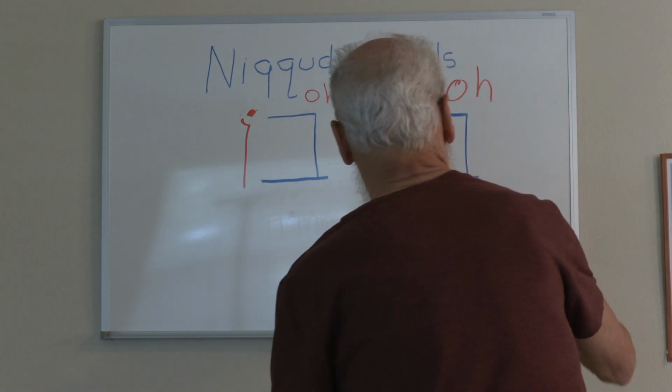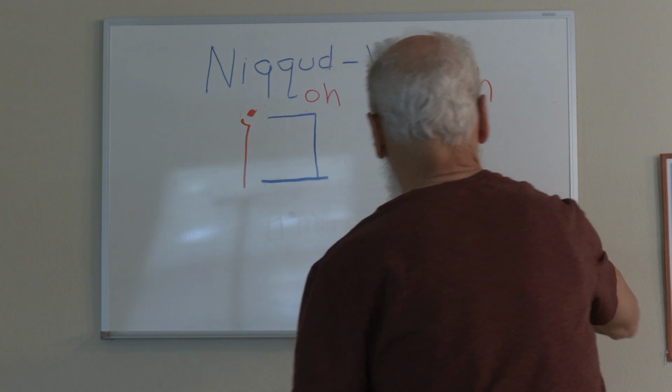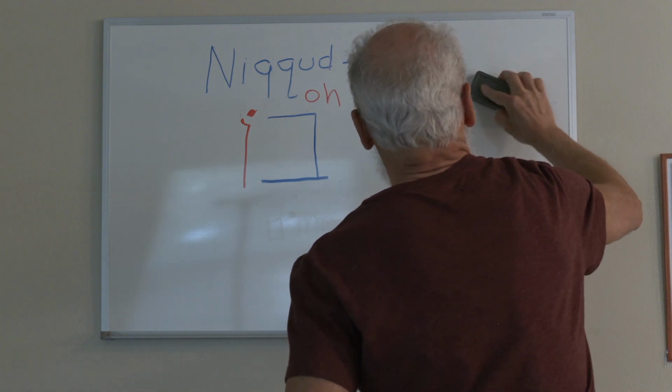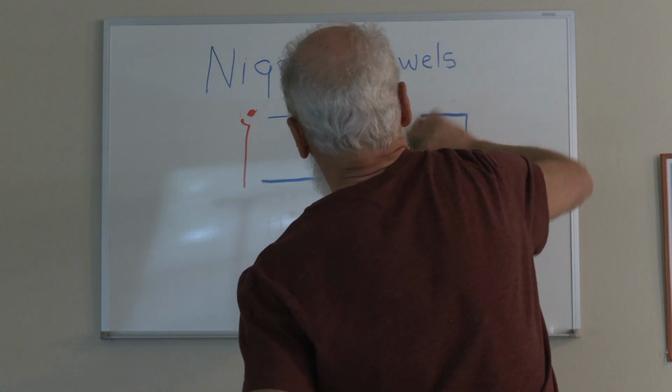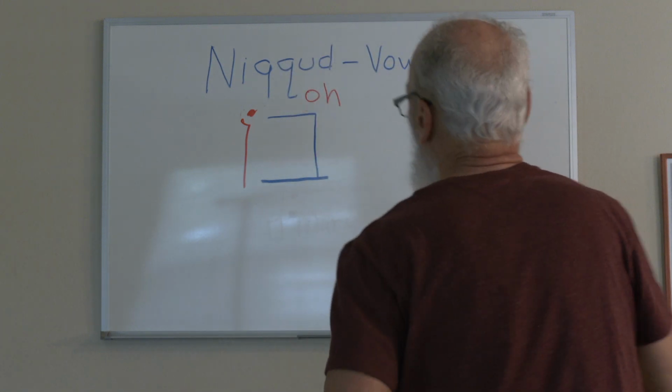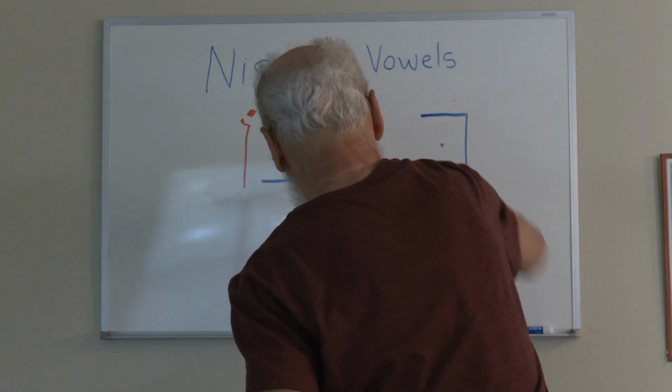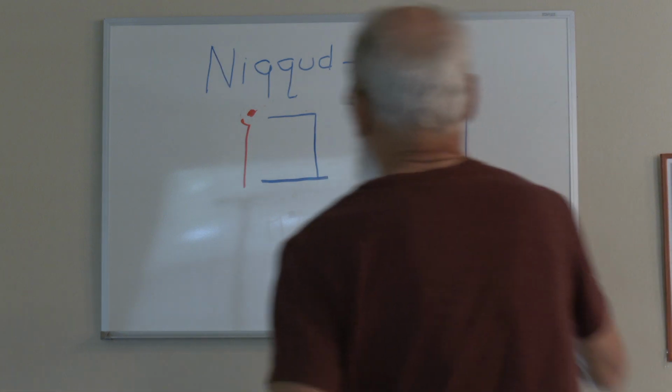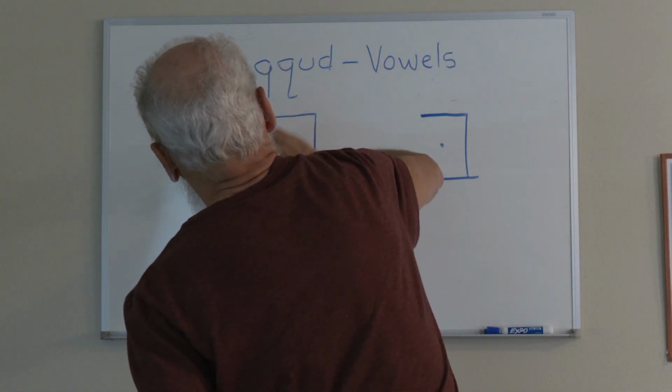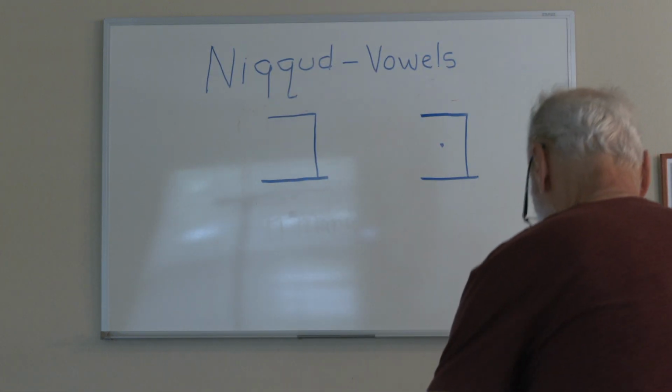And let us just go to the next one, and that will end our review today. We're going to go to, what's the next one? The oo. We need an oo sound.